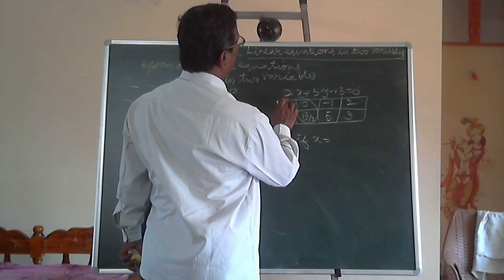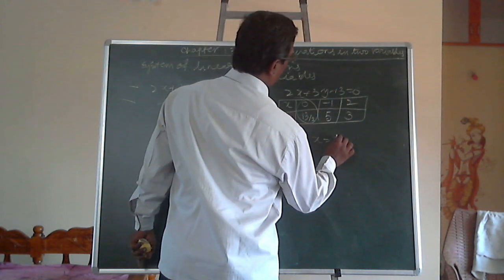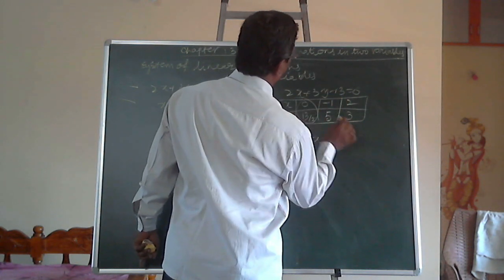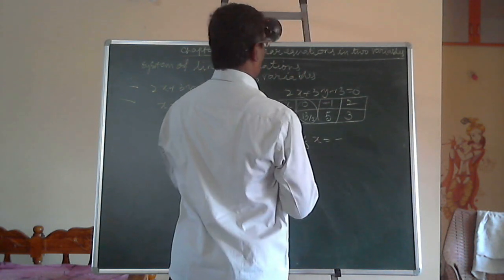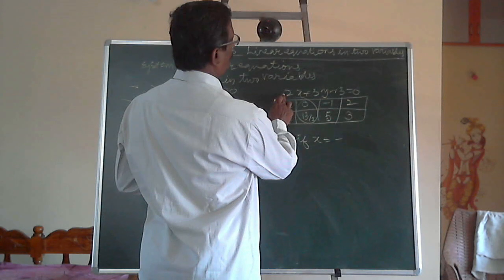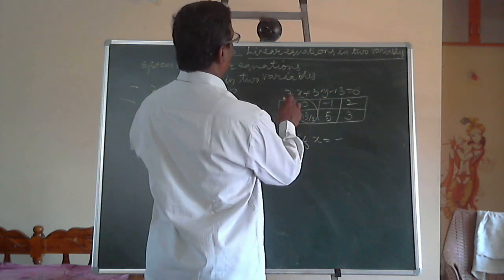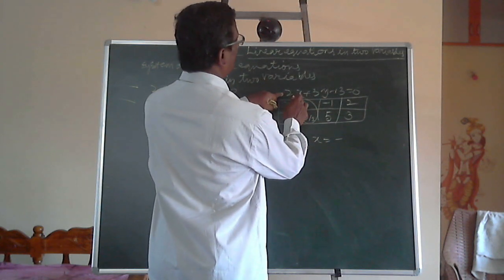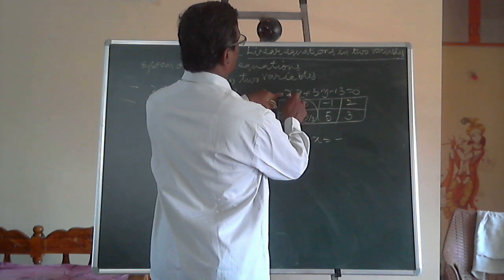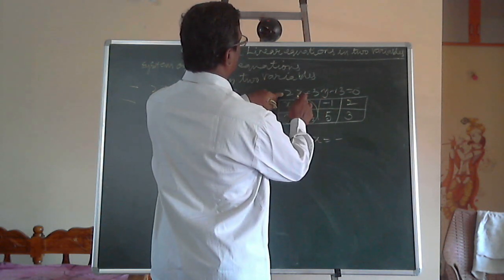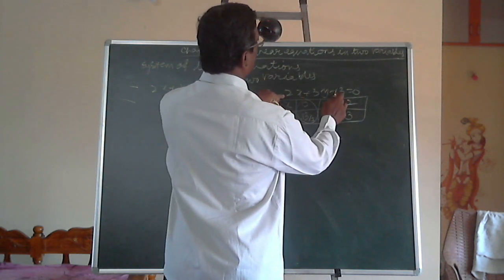If x is equal to 2.5, not a fraction, x is equal to 4 minus 2. If you give minus 3, 6, now minus 4, 8, minus 5, 10 and 18.